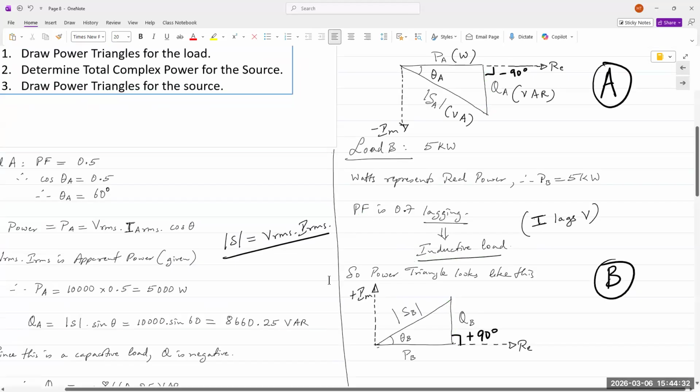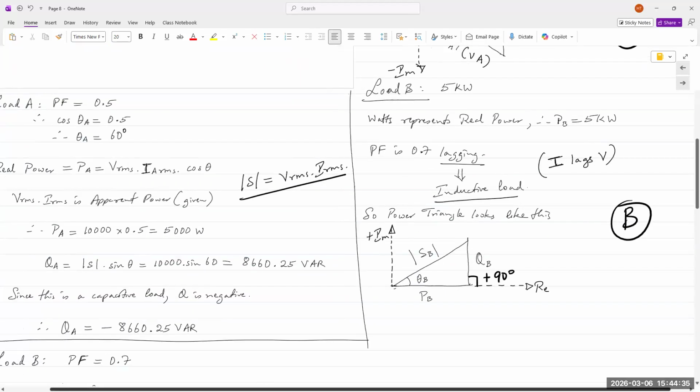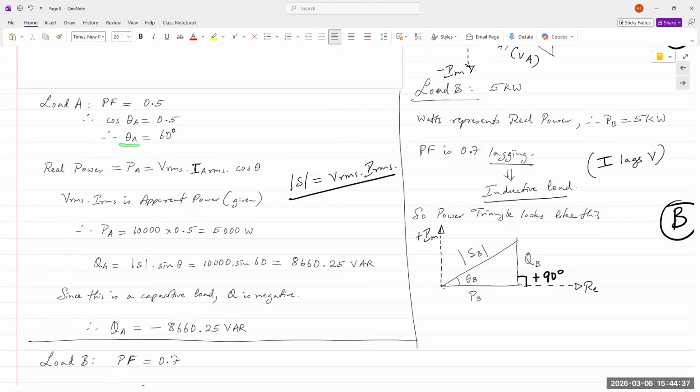Okay, so let's see what we have. In load A, I have my theta is 60, and I'm provided with the apparent power, magnitude of S. Magnitude of S is given as 10,000 volt ampere, 10 kVA.